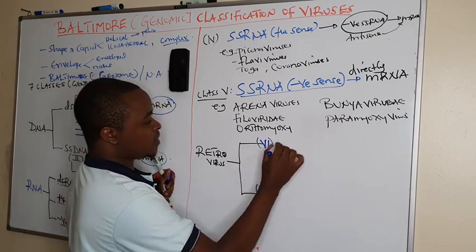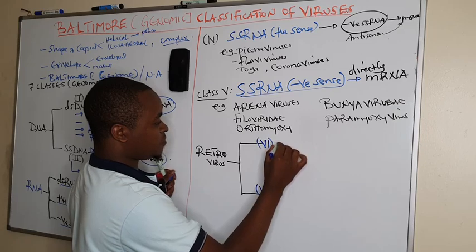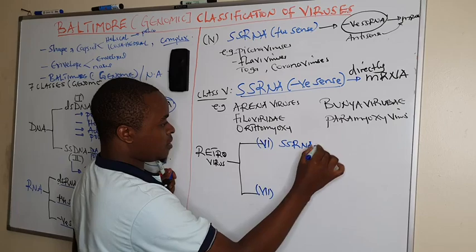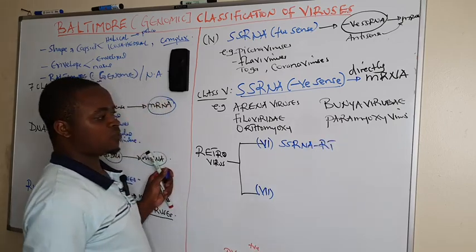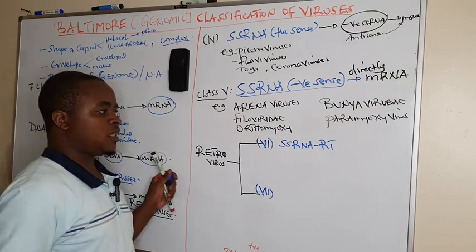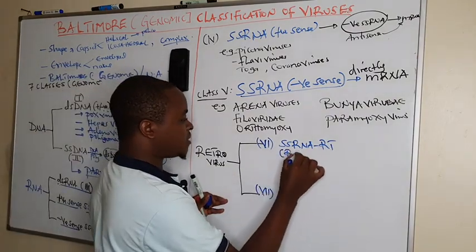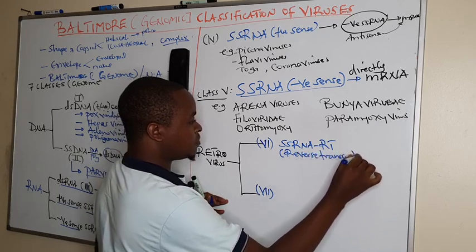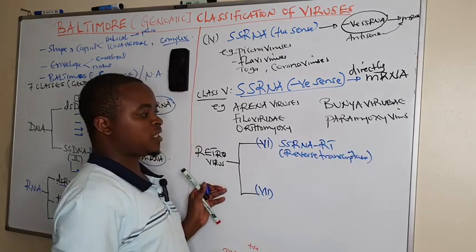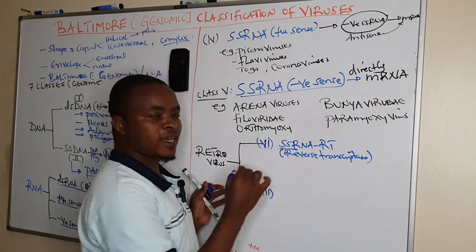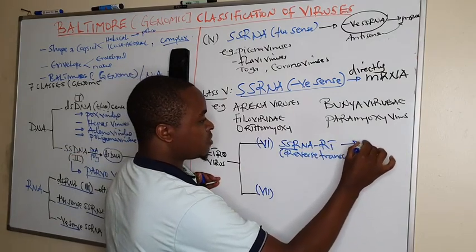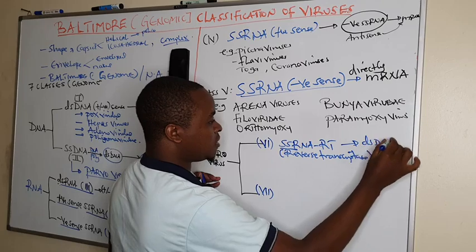And class 6, these ones, we have single-stranded RNA with reverse transcriptase, and these ones use reverse transcriptase enzyme, whereby this reverse transcriptase enzyme reverses this single-stranded ribonucleic acid to form double-stranded DNA.